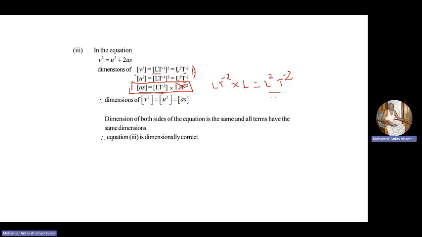It is equal to the dimension of V squared and U squared. So the dimensions of both sides of the equation are the same and all terms have the same dimensions. Hence, equation 3 is dimensionally correct.